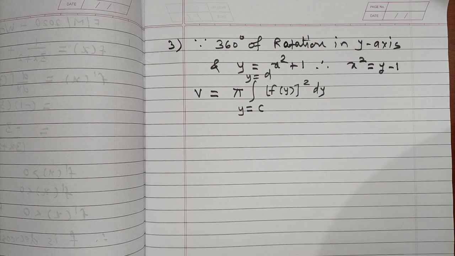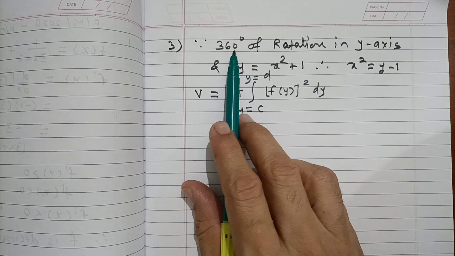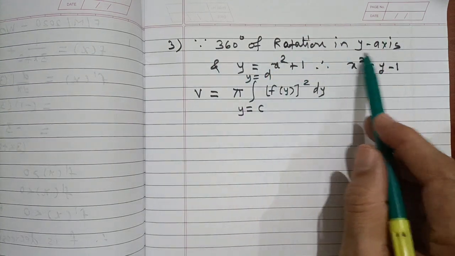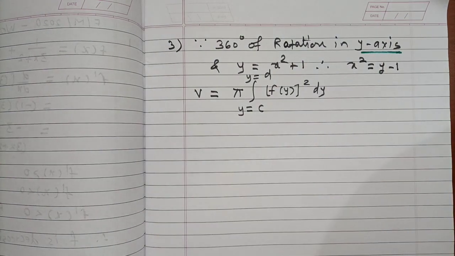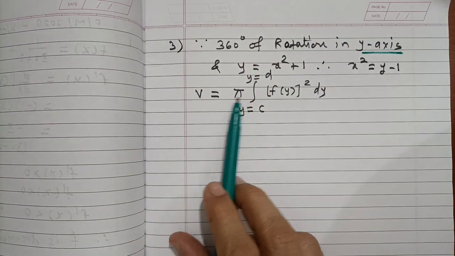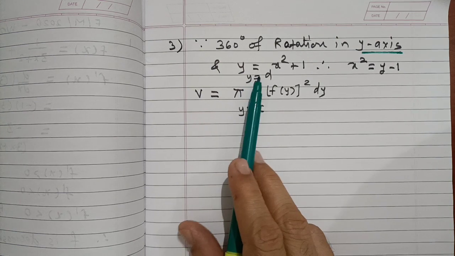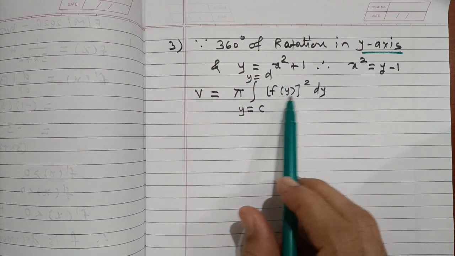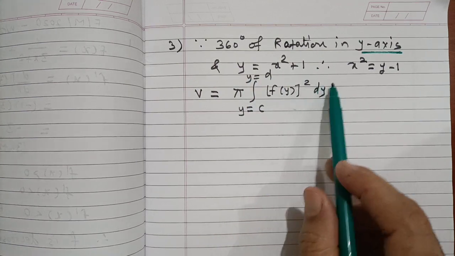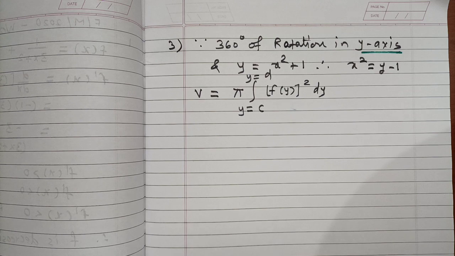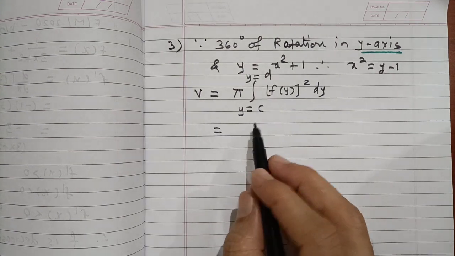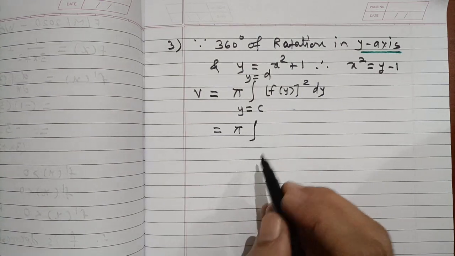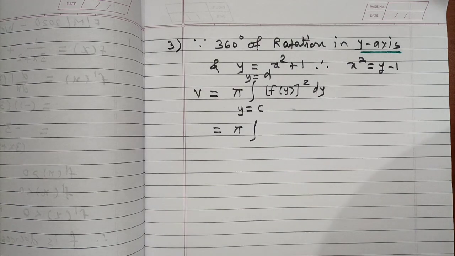This is very important in this case because since 360 degree rotation is given about the y axis, our formula for the volume is pi times the integral from y is equal to c to y is equal to d of f of y the whole square dy. Now the values of c and d we need to find.